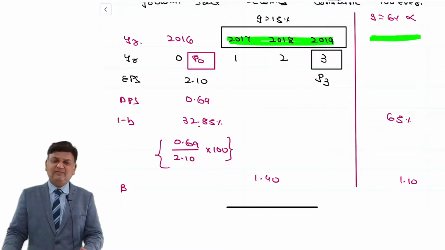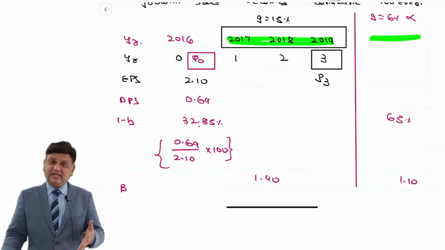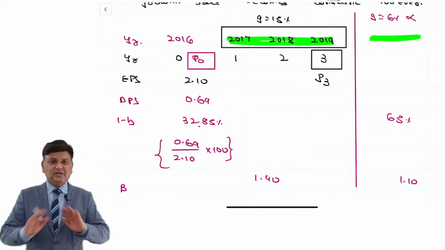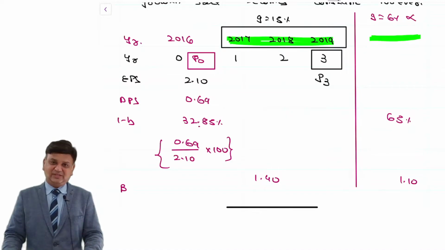Dear students, whatever working we do normally is given a technical name, the two-stage dividend discount model approach. It means that in the second part of the question, we just have to compute P0. I want you to calculate the answer of the first question, P3.